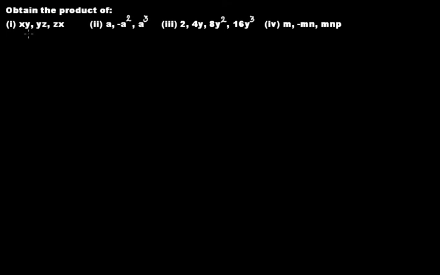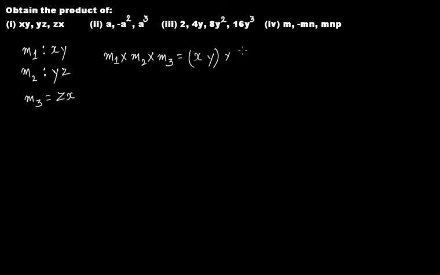Obtain the product of xy, yz, zx. So here you have to multiply 3 monomials. Let's assume that monomial 1, denoted by m1, is xy, m2 is yz, and m3 is zx. Now you have to find m1 multiplied by m2 multiplied by m3. This can be written as xy, yz, and zx.